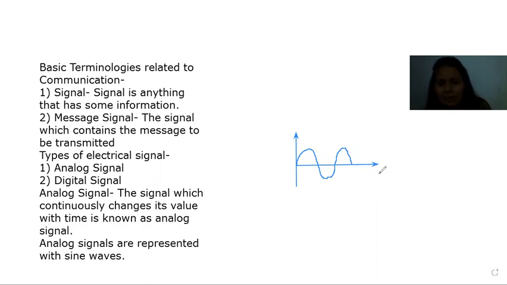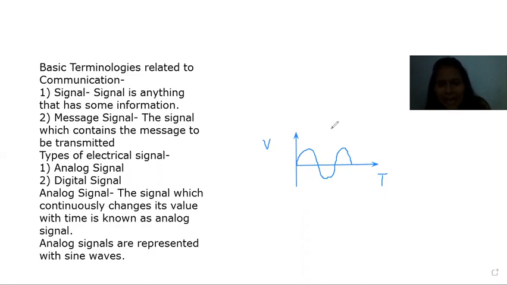The x-axis will be time and the y-axis will be voltage. Here we are using the x-axis to denote the time, and the y-axis for voltage.